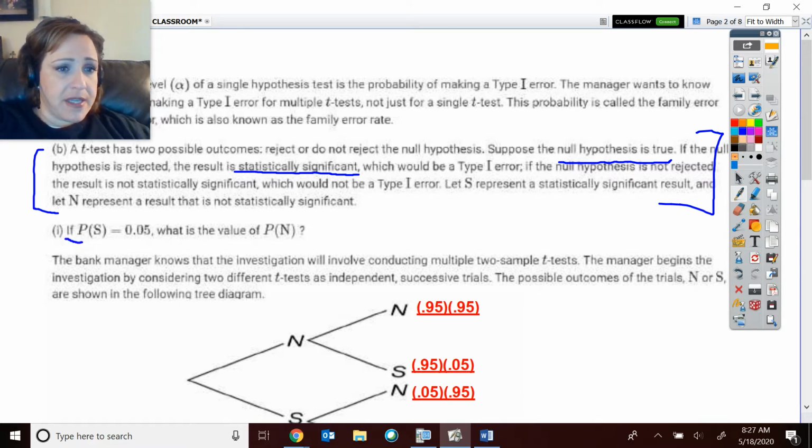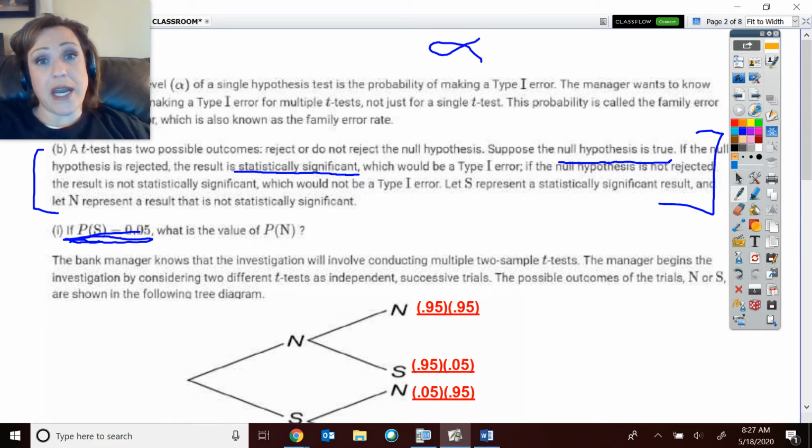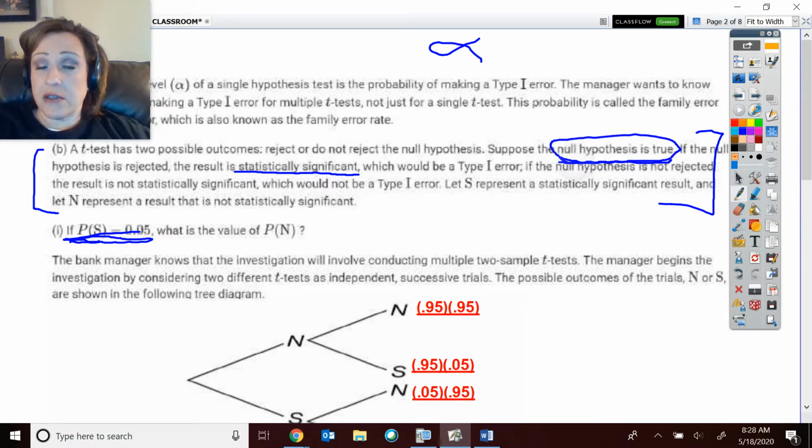if the probability of getting a statistically significant result, so you're going to get something that's going to lead you to reject the null, if the alpha is 0.05, and remember we've talked about how alpha is the probability of a type 1 error, because whatever the size of alpha is, that would lead you to reject the null hypothesis, when if in fact the null is true, you shouldn't.